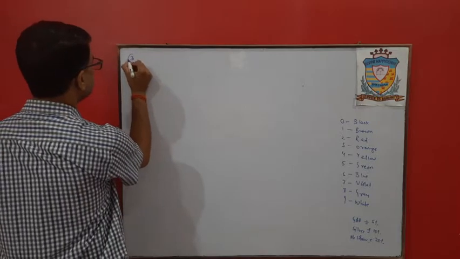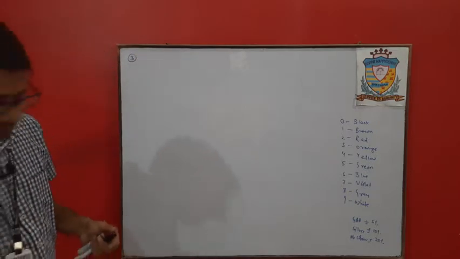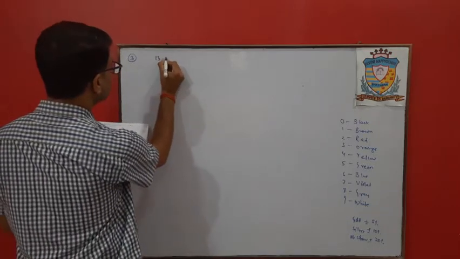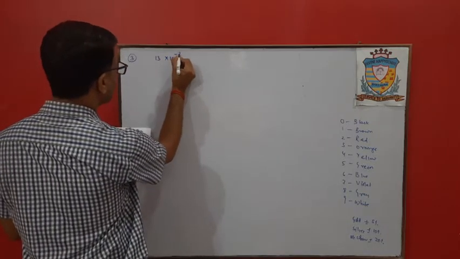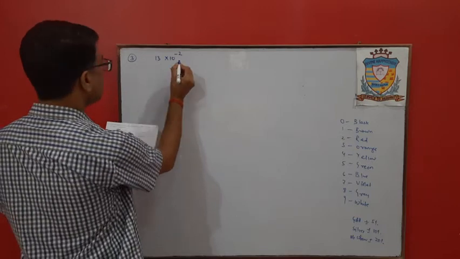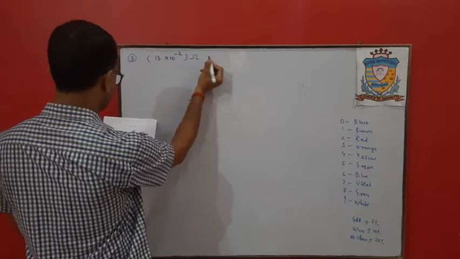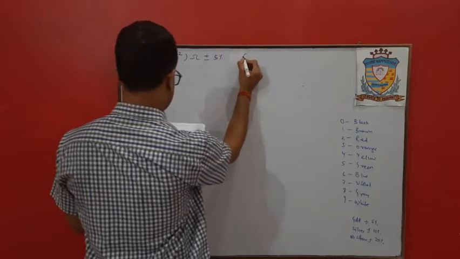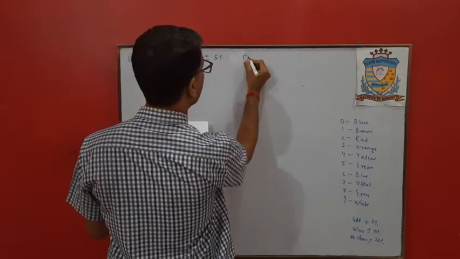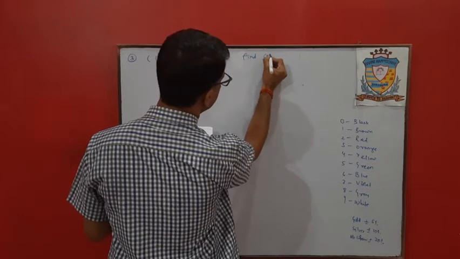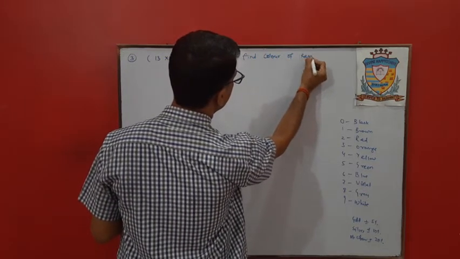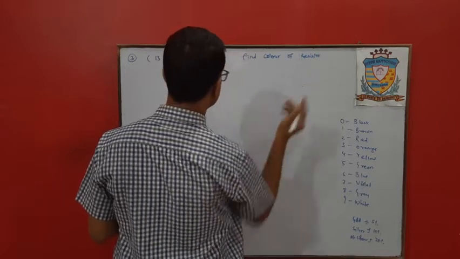Third, question number 3. 13 into 10 to the power minus 2 ohm plus minus 5%. Find the color of the resistor.